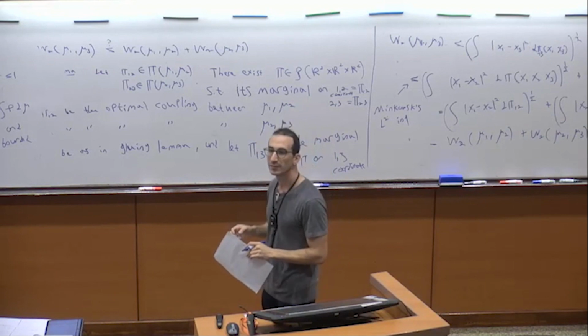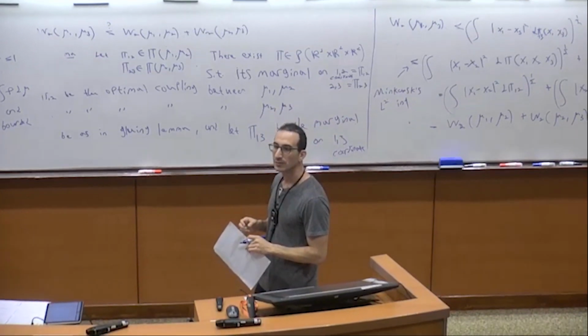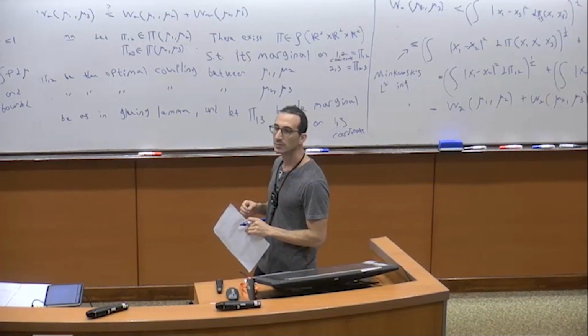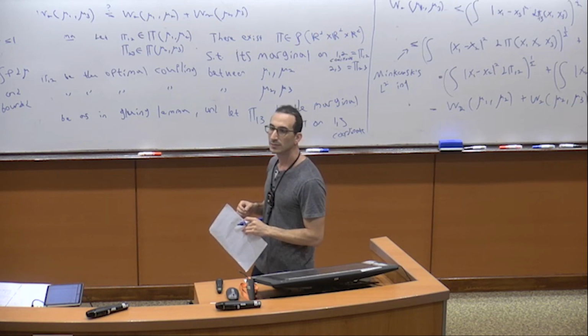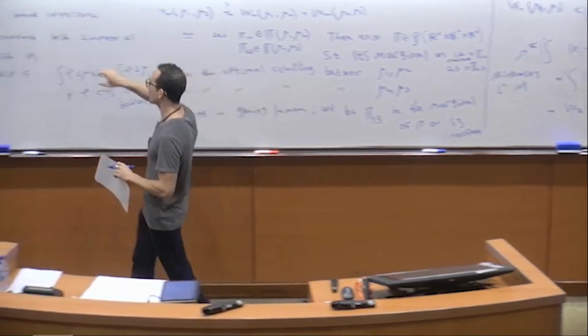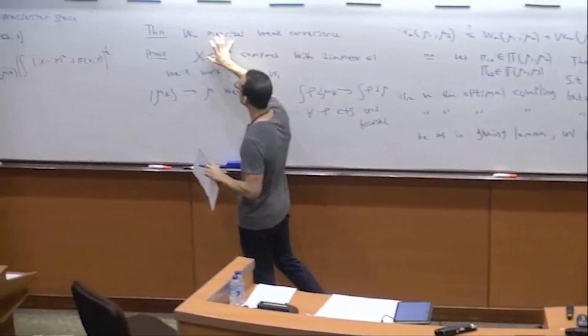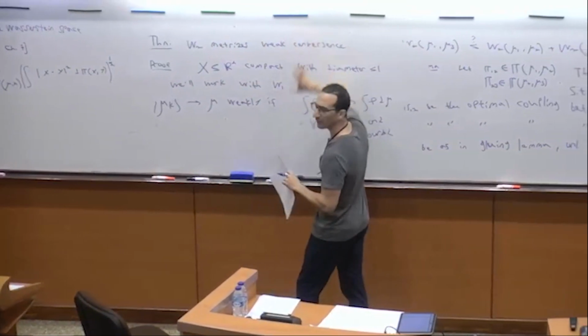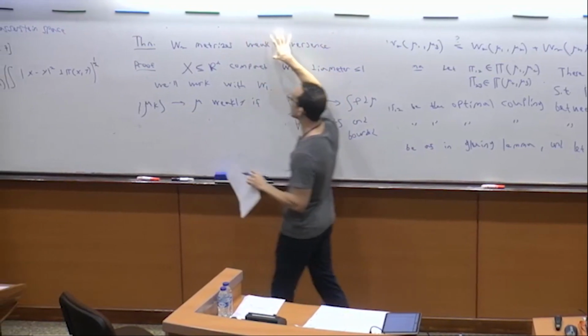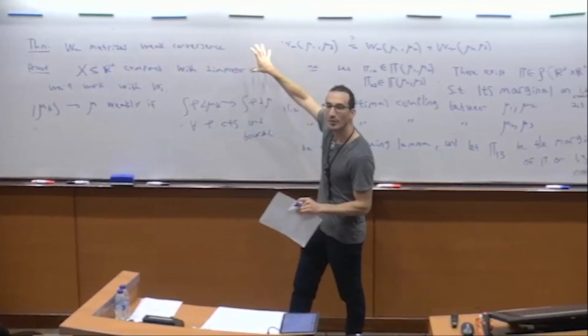But W2, I think you are not defining it on the whole probability measure space. You are only defining it on measures which have a finite integral of the cost function. Yeah, that's right. Exactly. Good. So normally when you see the statement phrased, there would also be an assumption that there's some finite second moment for the measure.